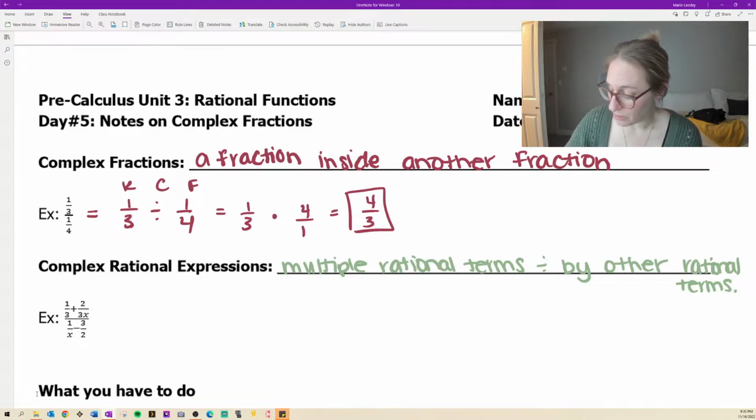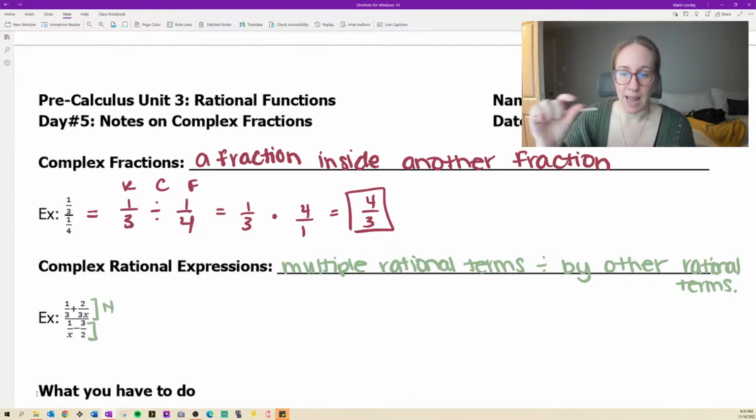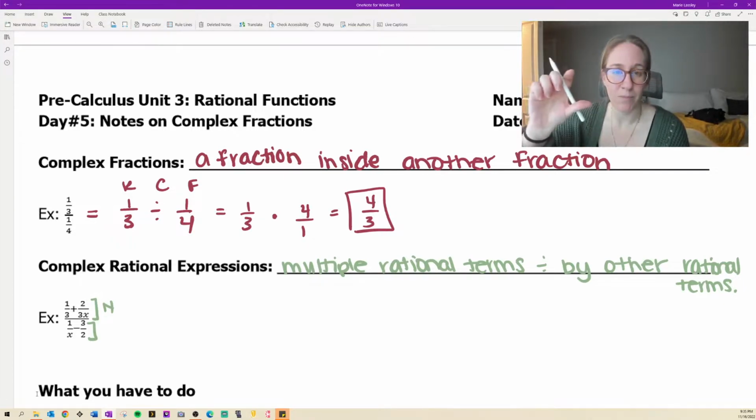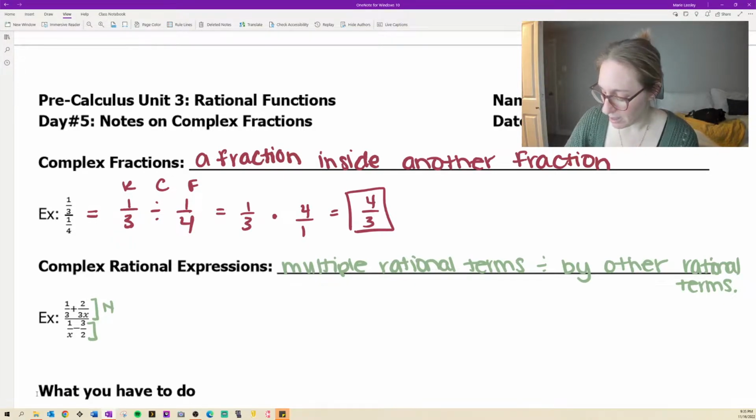All right, and so what's really important to do is to identify what the top piece is and what the bottom piece is. So what is the numerator of the whole fraction and what is the denominator of the whole fraction? So for us, those top fractions, that's going to be our numerator, and then down here, the 1 over x minus 3/2 is going to be our denominator.